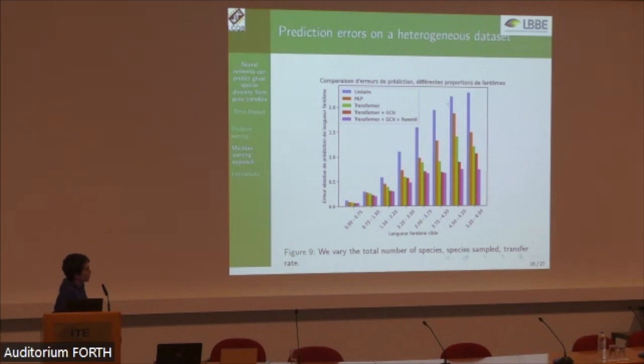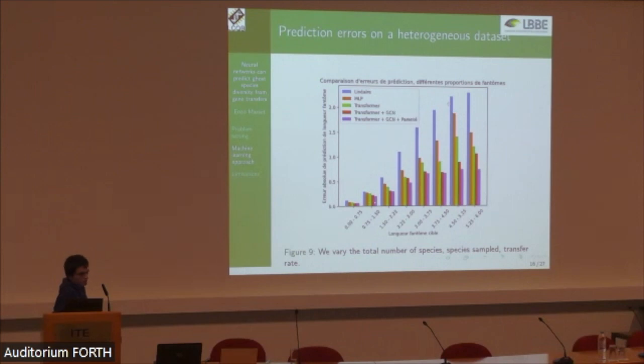In this case, however, we varied the parameters in the dataset. The number of species can change between species trees, we sample different numbers of species, and we change the transfer rates. This shows something very interesting. Take the linear and MLP architectures, which only work on nodes one by one.